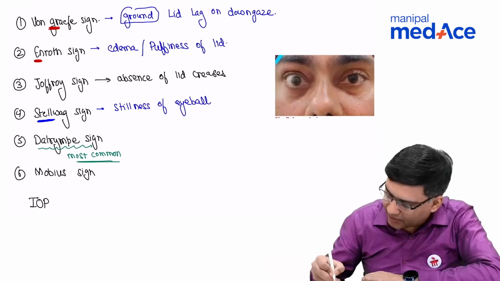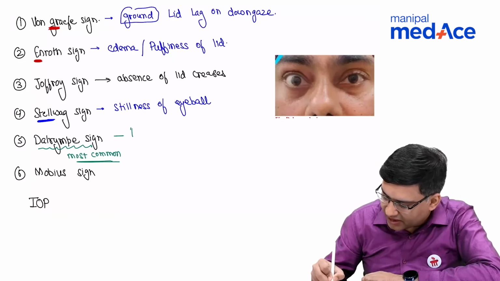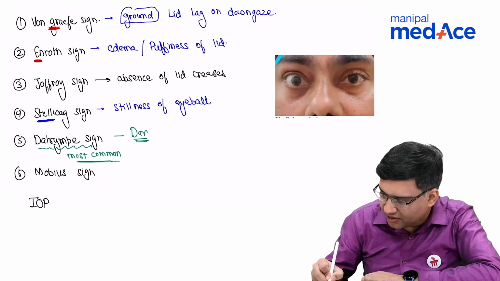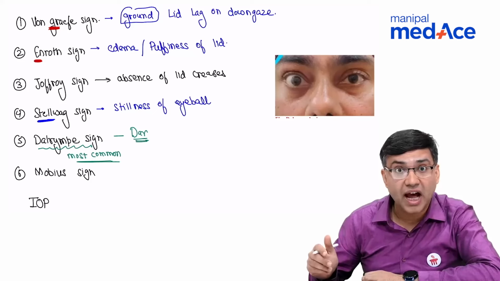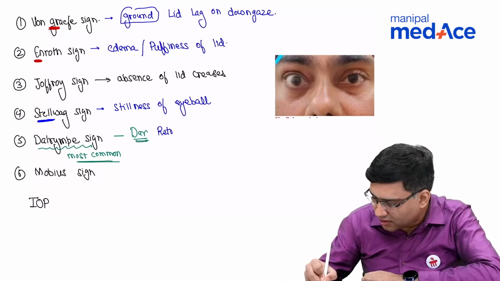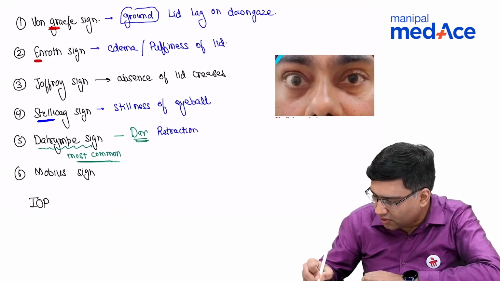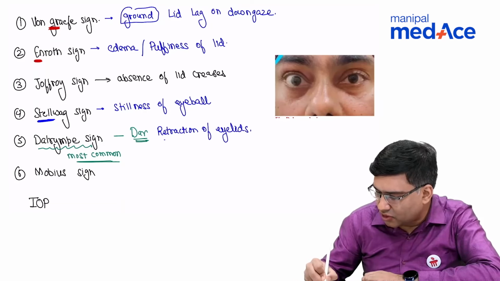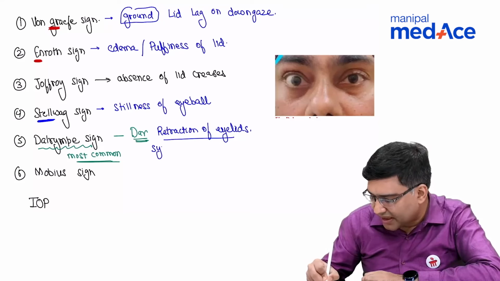Dalrymple sign, you can remember it with the Hindi word daravni. So we have retraction of eyelids, because of sympathetic stimulation.